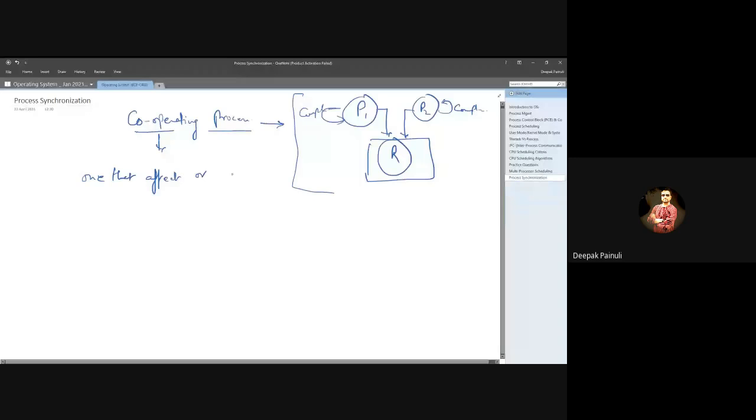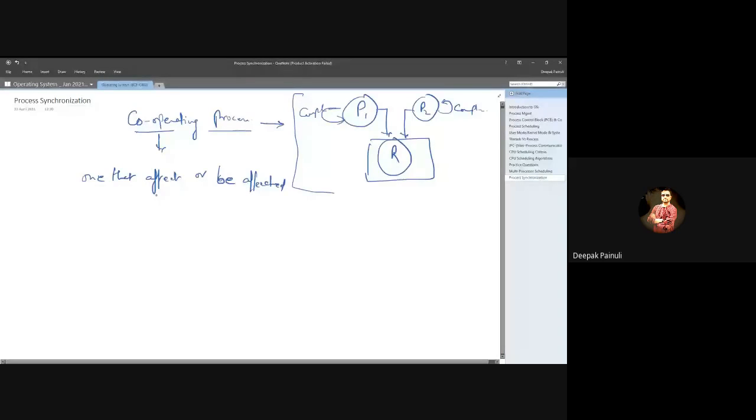So cooperating processes are those that affect or are affected by other processes.